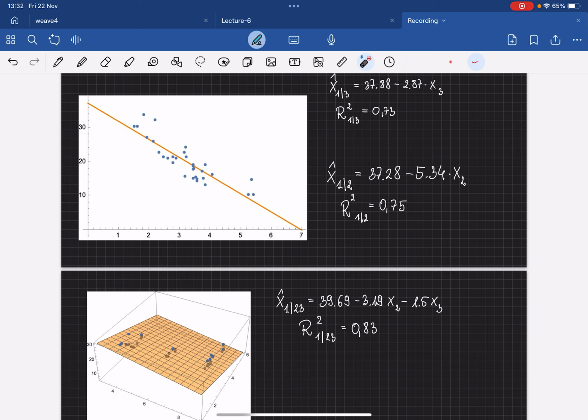As you can see, there are serious differences between values of coefficients.